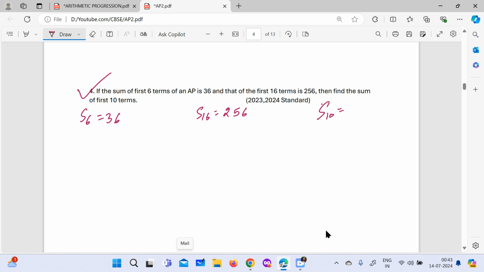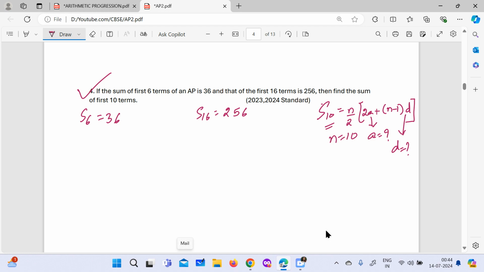Now to work on this, we have n value, that is 10. Now what we need is a value, and then we need d value. We don't have these two things. So let's see what we can do from here.